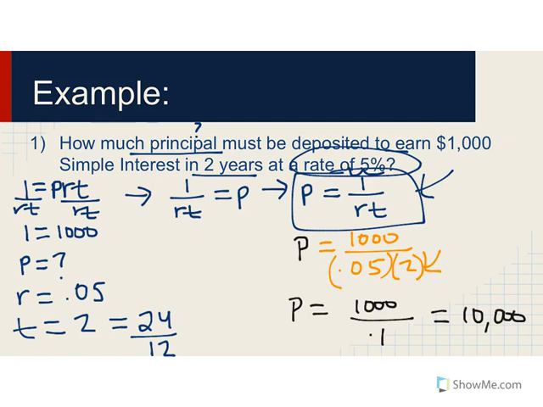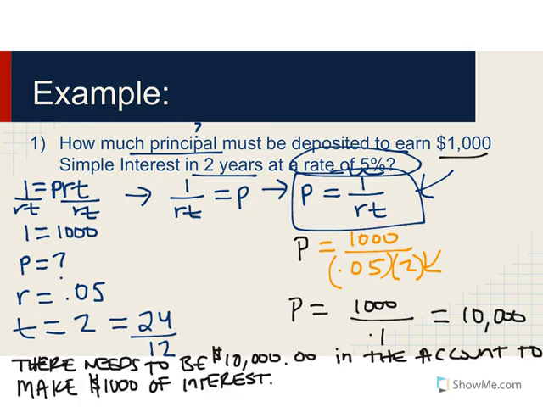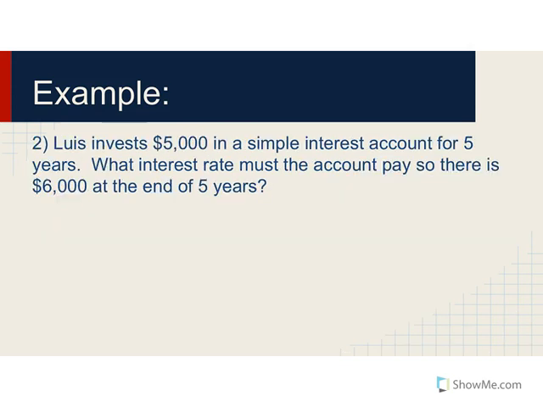So my $10,000, I would actually need to have in my original account as the principal in order to gain $1,000 of interest with that interest rate, and for 2 years. So my complete sentence says there needs to be $10,000 in the account to make $1,000 of interest.